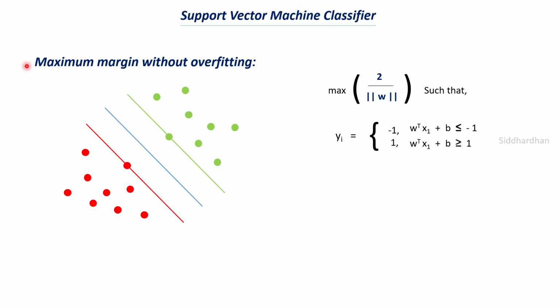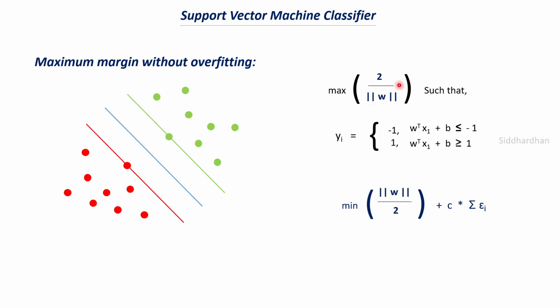So just forget this statement. Let's try to understand what we have here. This is the margin value we have, and we have explained these two equations. I want a maximum value such that I get labels like this. So the maximum value of 2 divided by norm of w. The other way of writing this is the minimum value of norm of w divided by 2. So instead of saying I want to maximize 2 divided by norm of w, I can say I want to minimize the value of w divided by 2.